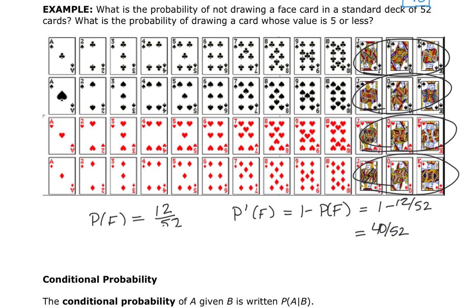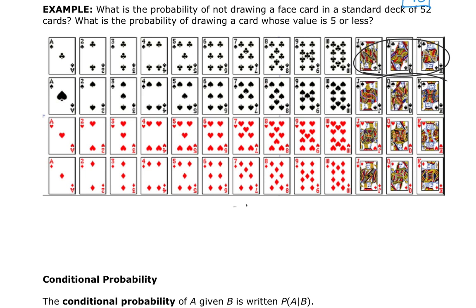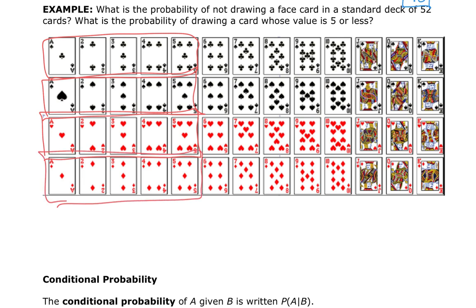Okay, so then I'm going to look for what is the probability of getting a 5 or less. Well, for the first set, I have 5, I have 10, 15, I have 16 cards. So the probability of B, where B is a 5 or less, is going to be equal to, what did I say, 20 out of 52?